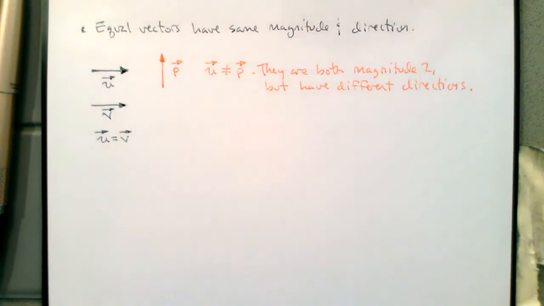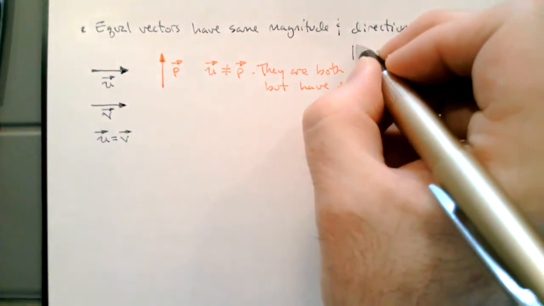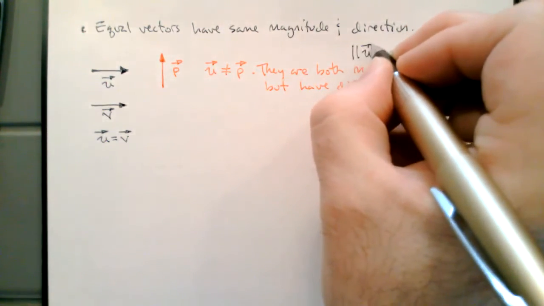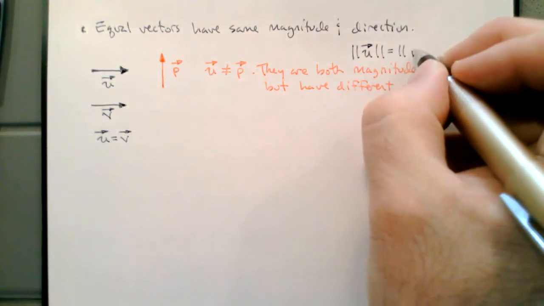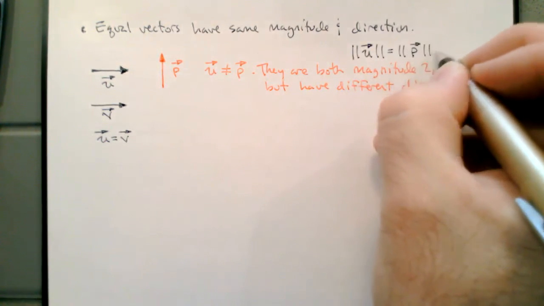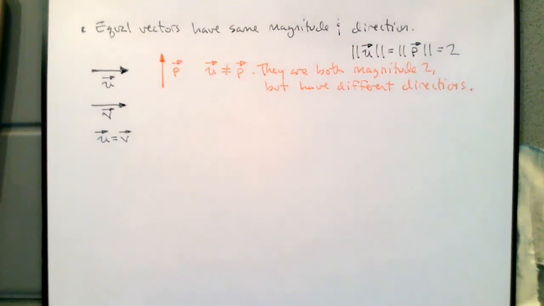The magnitude of u and the magnitude of p are both 2, but we're pointing in different directions. If we want to indicate the magnitude of a vector, we put double absolute values around it. So magnitude of u is equal to the magnitude of p, which is equal to 2. So that double absolute value is magnitude.